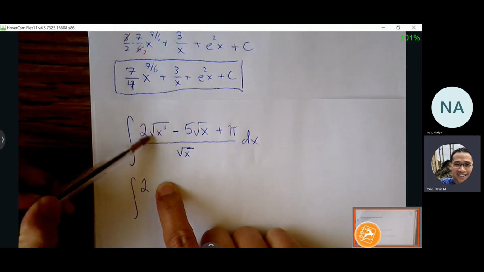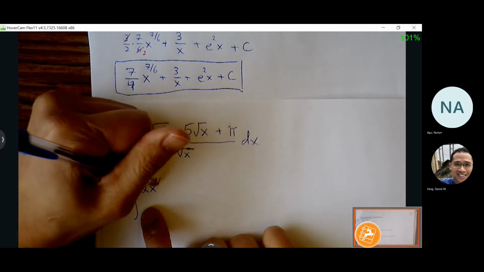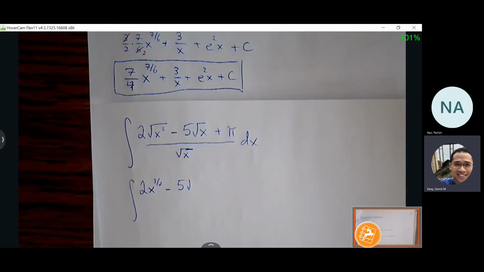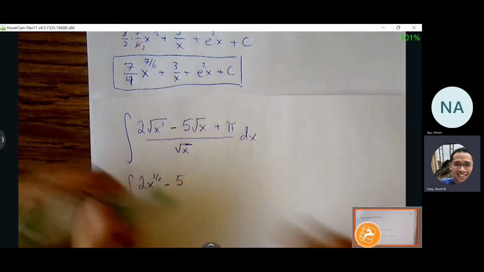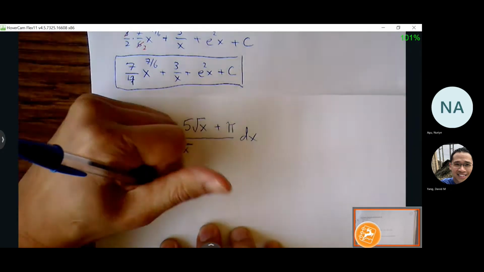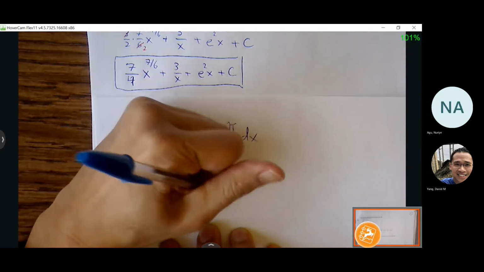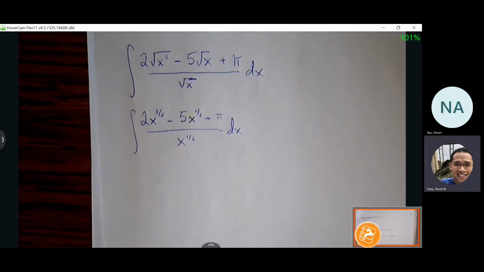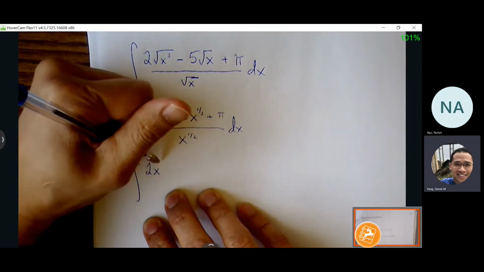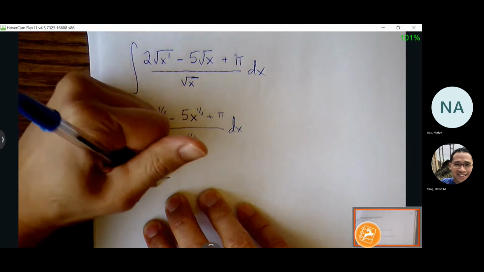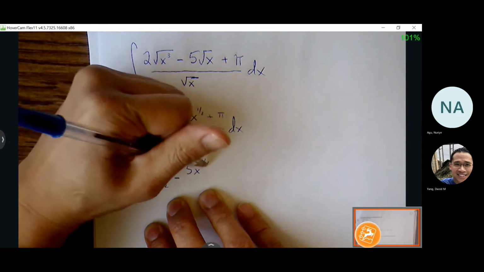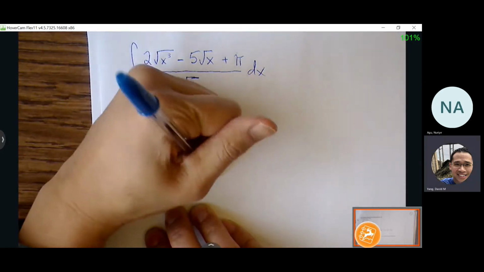That square root is 2 there. Okay, we'll split every fraction up.